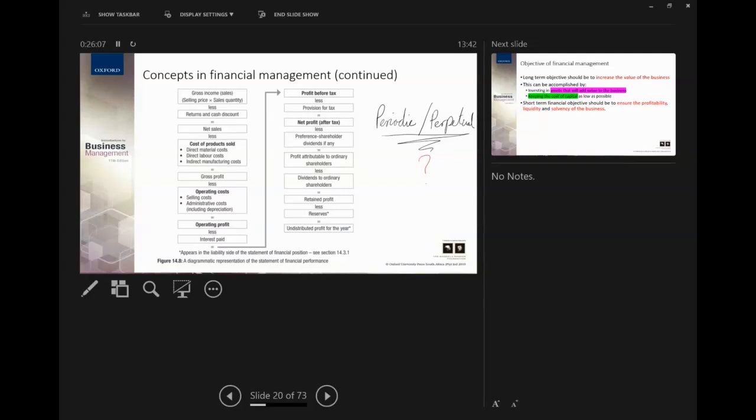So the one thing that I wanted to ask here is, which income statement are they talking to? Are they talking to the periodic, or are they talking to the perpetual? Which one? Periodic. How do you know it's the periodic?